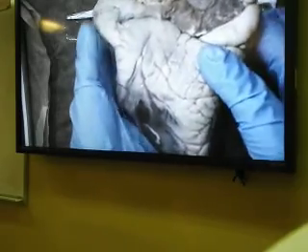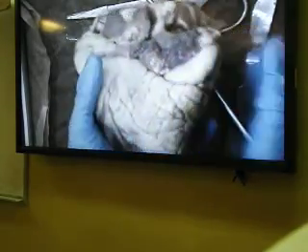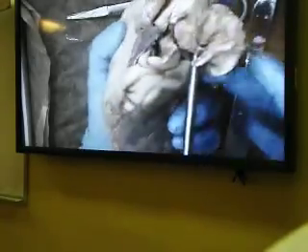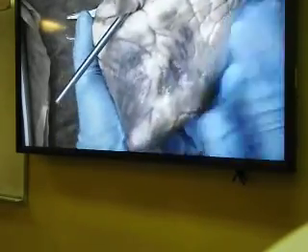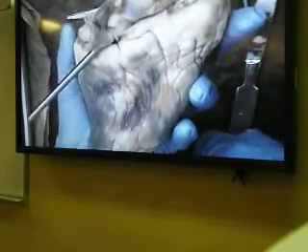Okay, so once you saw all this external anatomy, which is as important as internal, we are ready to cut the heart. And where we will be cutting the heart is, we will be coming back to the posterior view or dorsal aspect.